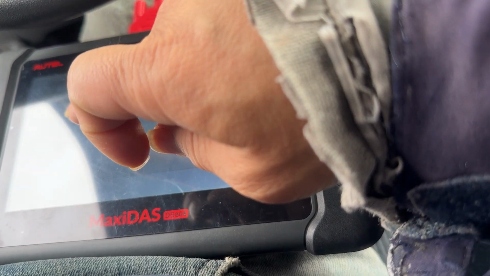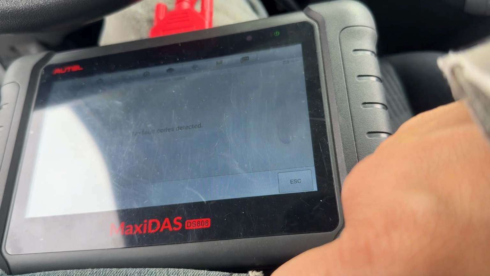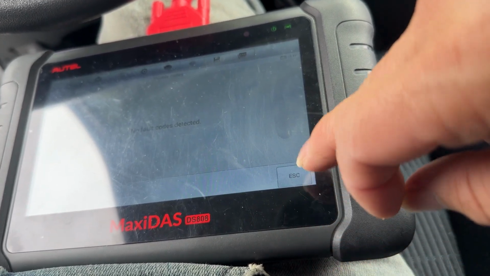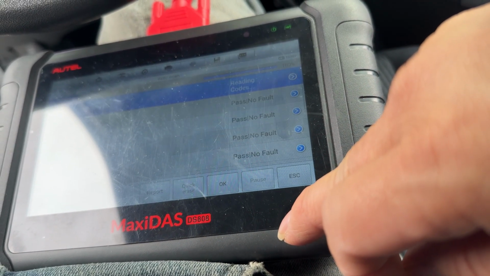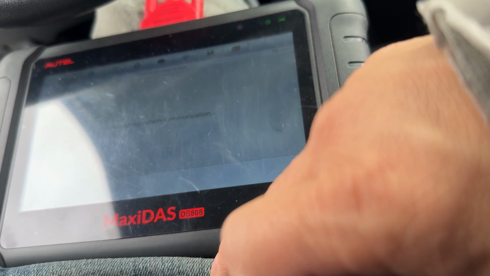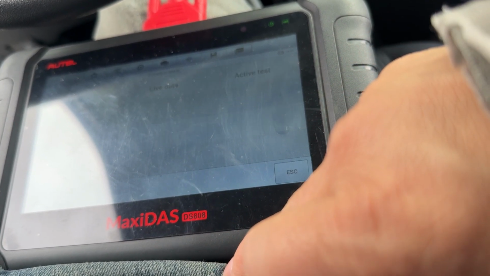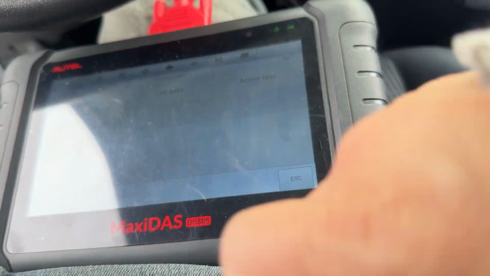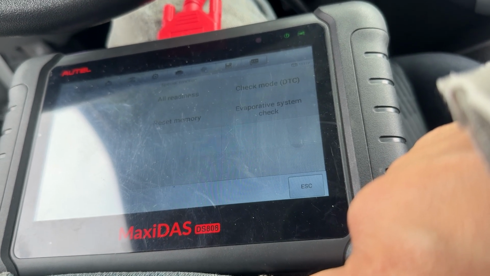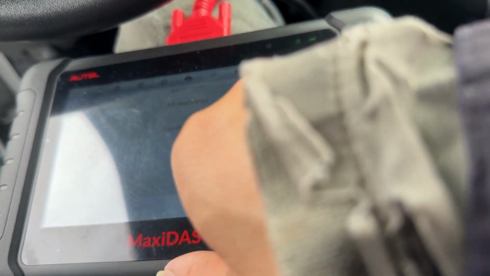Active test, special function, trouble codes. Any trouble codes? No codes. Hit OK again. What are special functions? All readiness.